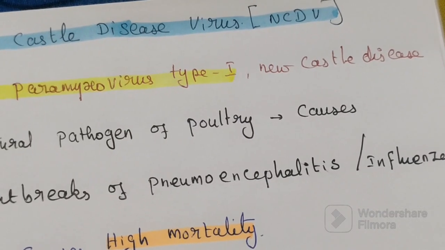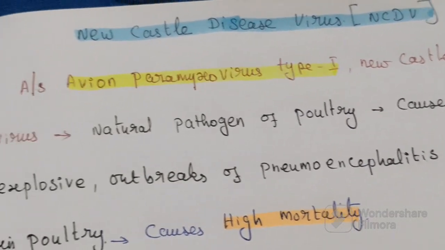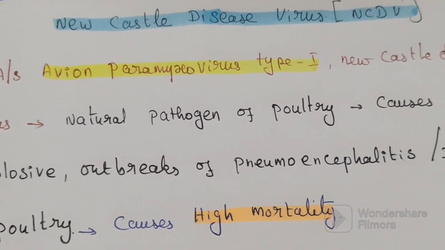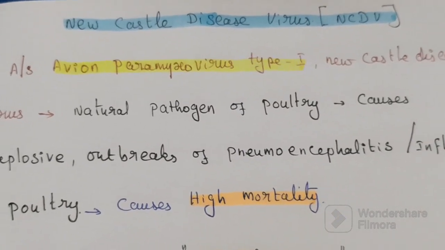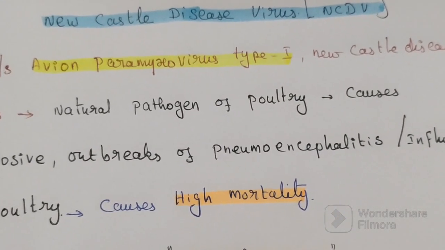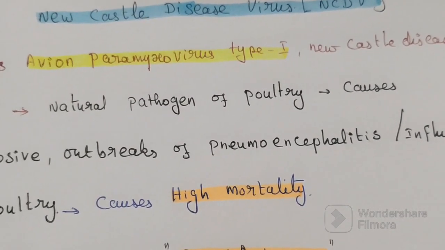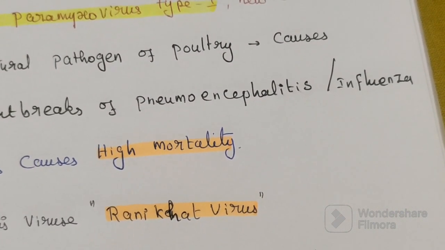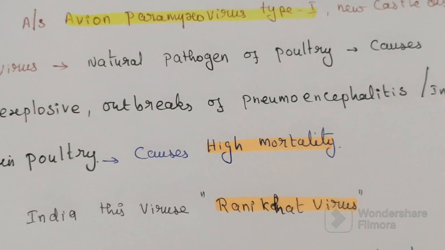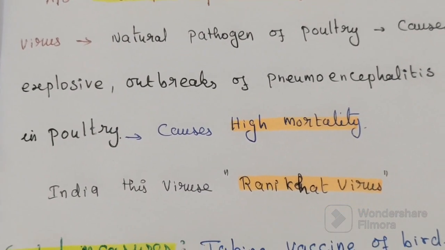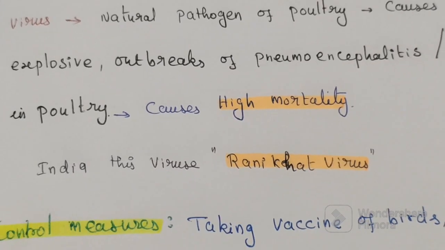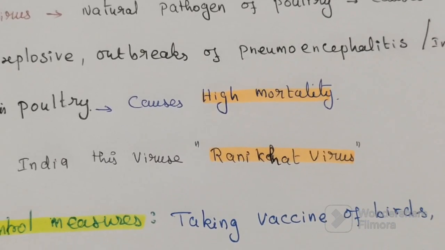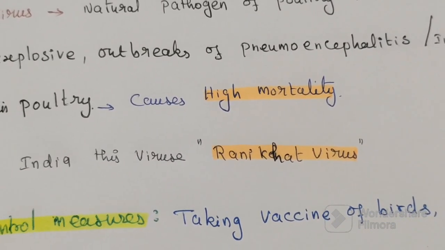Newcastle disease virus is a natural pathogen of poultry, in which it causes outbreaks of pneumoencephalitis or influenza in poultry, and it causes high mortality. In India, this virus is called Ranikhet virus.